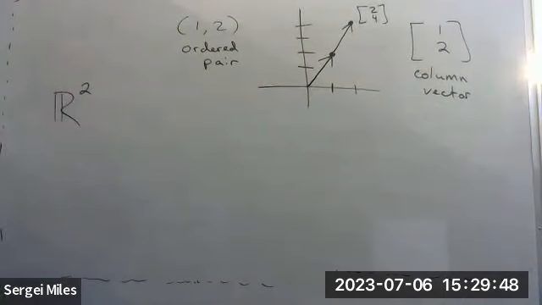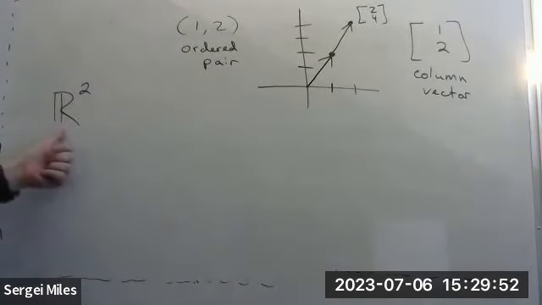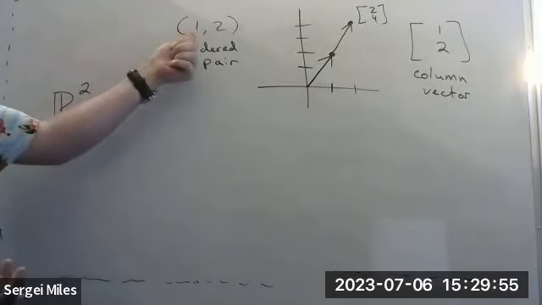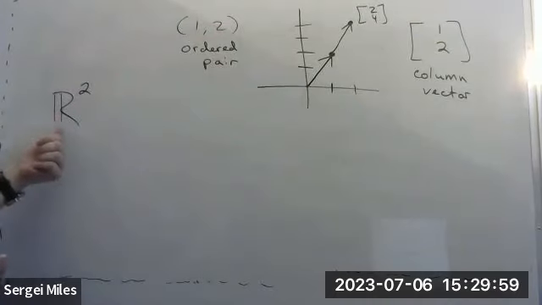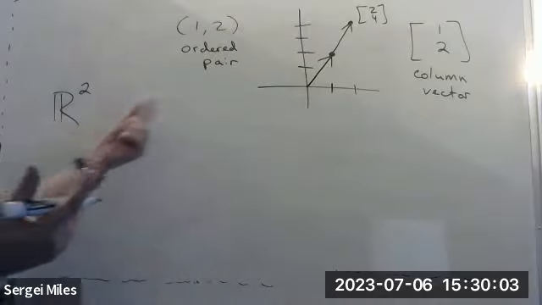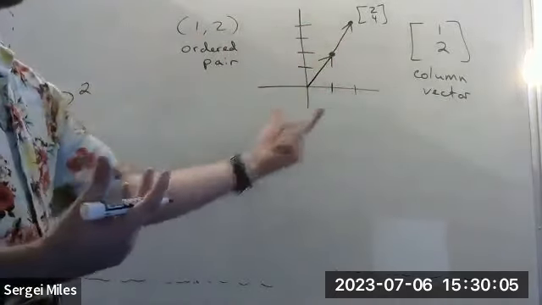When I raise it to the second power, you can think of this as being R times R. In other words, it's any real number paired with any real number, right? So R2 is really just the set of all possible ordered pairs in the XY plane.